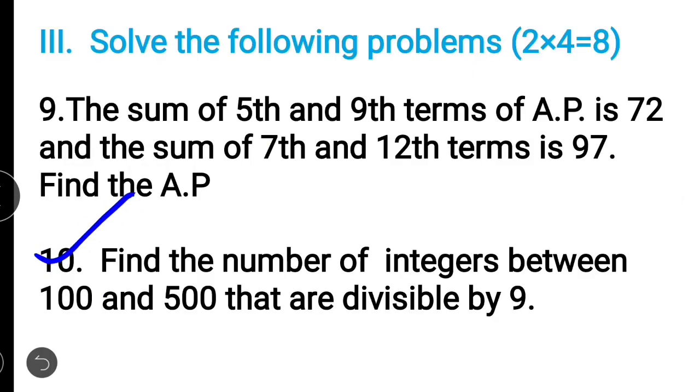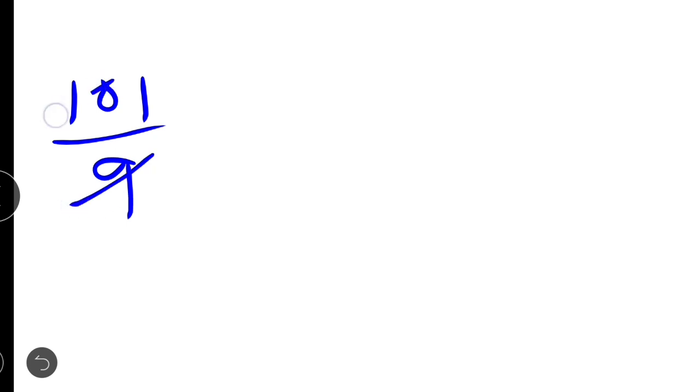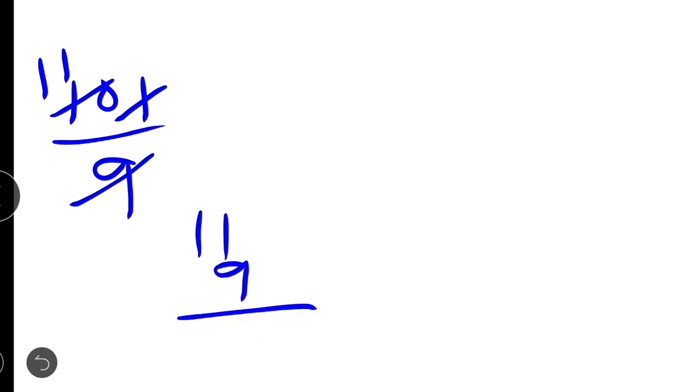Next, the 10th problem: find the number of integers between 100 and 500 that are divisible by 9. Between 100 and 500, after 100 the next number is 101. Is it divisible by 9? No, it is not. See here, 9 ones are 9, remainder 1, next digit 1, 9 ones are 9, remainder 2.